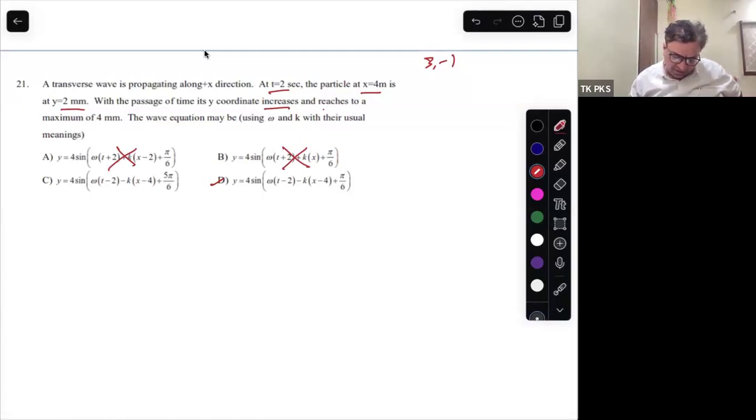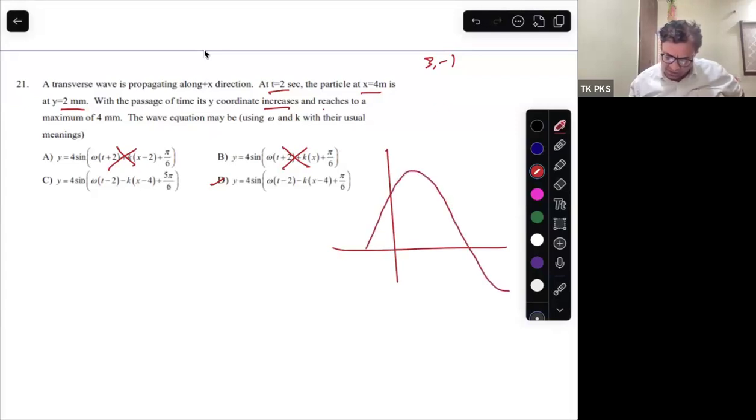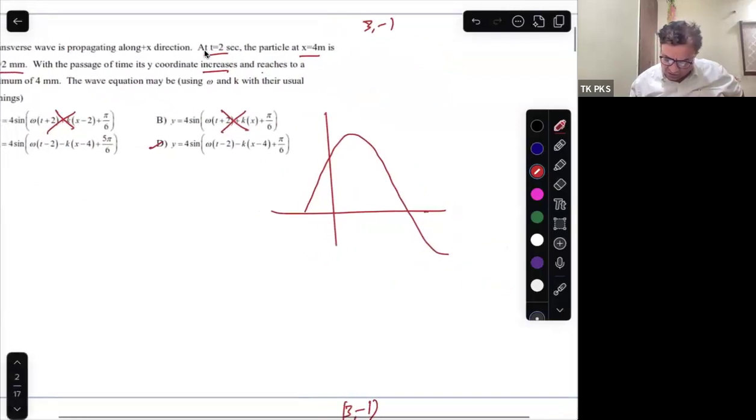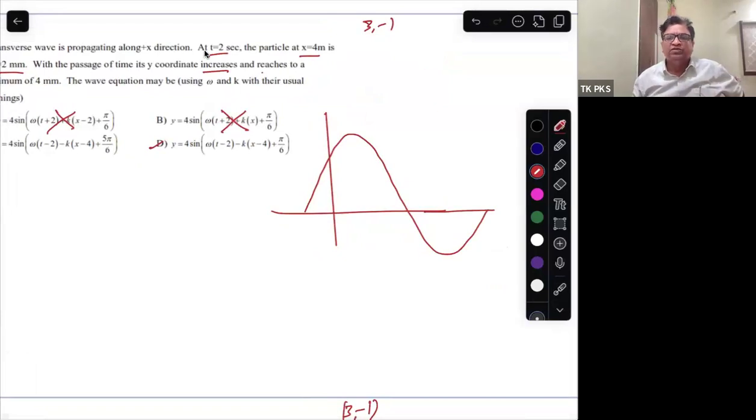Now please understand at t is equal to 0, x is equal to 4, it should be 2 mm. And it is positive. Means like, for example, if you are plotting the t is equal to 2 seconds, x is equal to, this is how the waveform should be. This is how the waveform should be.